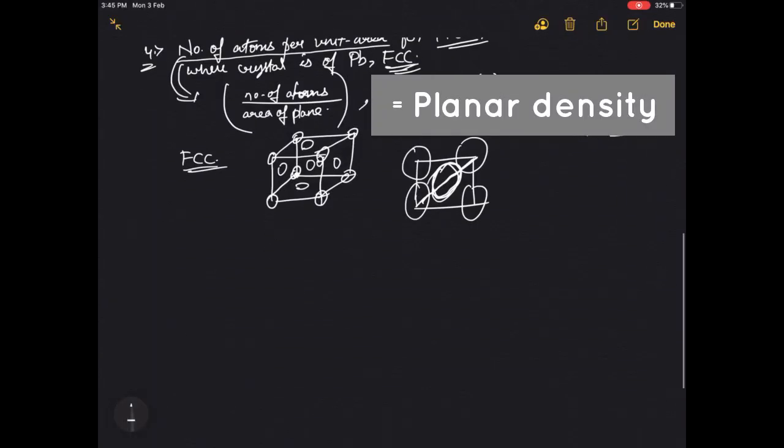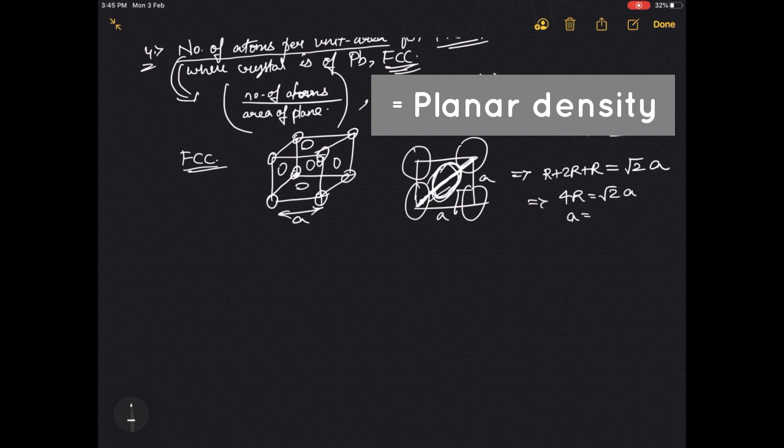And if you see for the face diagonal in FCC, you can see here R plus 2R plus R, so R plus 2R plus R will be equal to root 2 A. So if I consider A is the side of this cube, so this will be A, this will be A, and it's a right angle. So what we get is root 2 A. So here 4R is equal to root 2 A and A is equal to 2 root 2 R. This you must know because we are using it here.